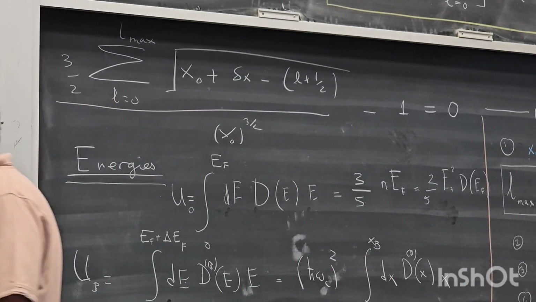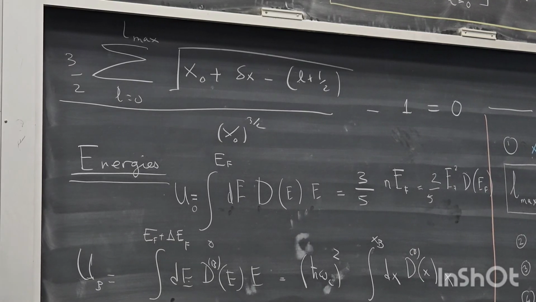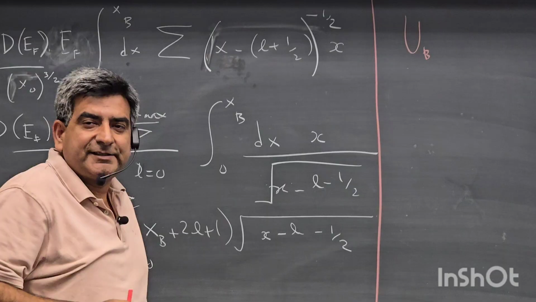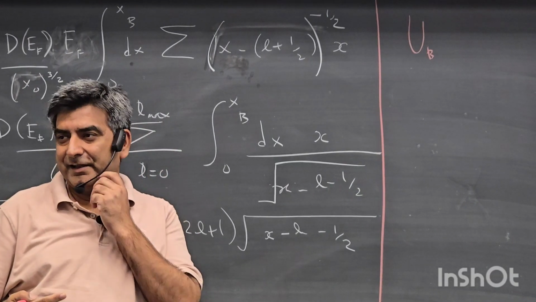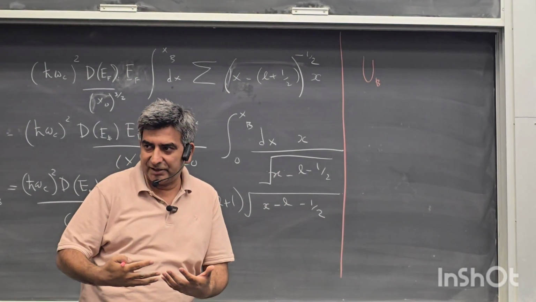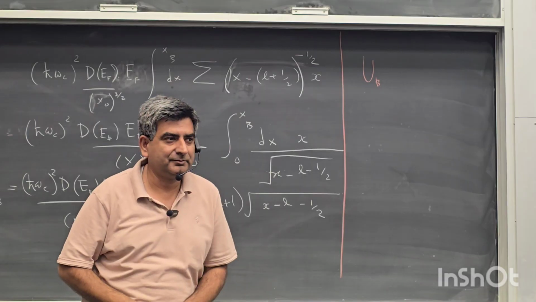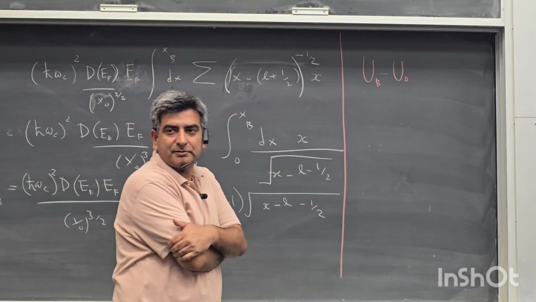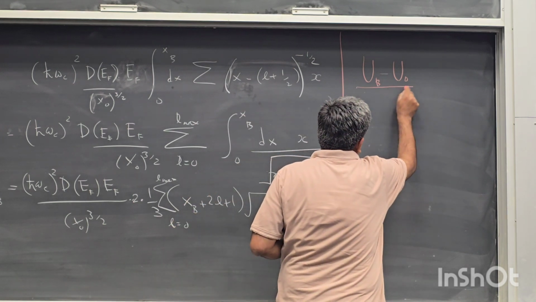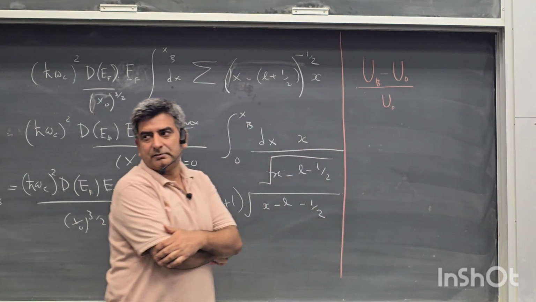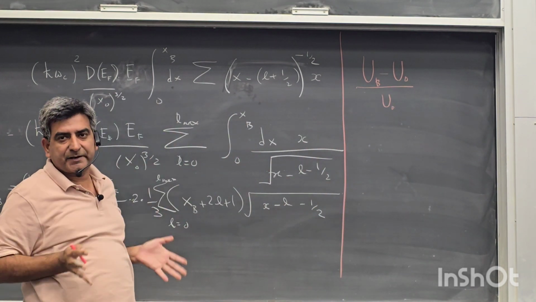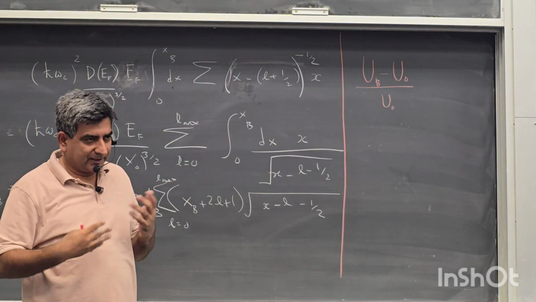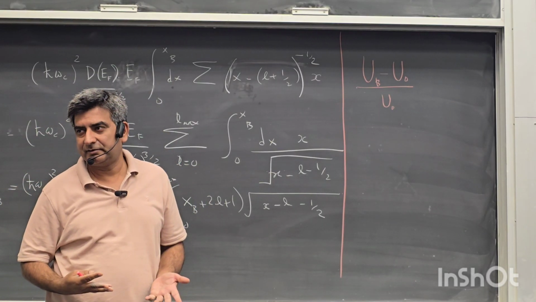Let's see what I would like to do next is I take my ub and see how different is it from the energy in the absence of a field. So I subtract from this u naught and normalize by u naught. Okay, so I form this expression. How much does the energy change by the application of a magnetic field?